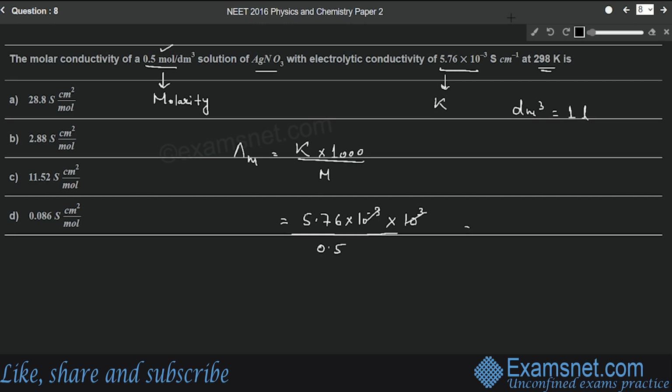So this is 5.76 divided by 0.5, and on dividing it, you will get 11.52. So the correct answer will be option C, 11.52 Siemens centimeter square per mole.